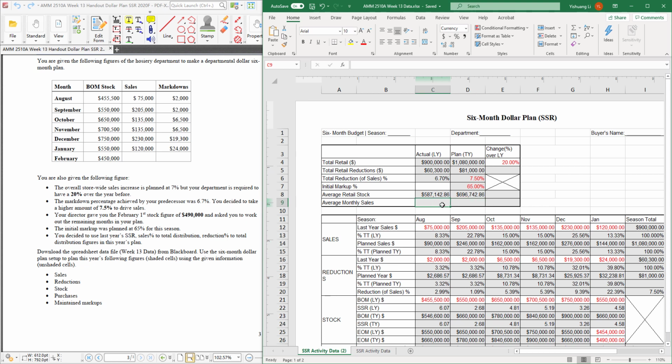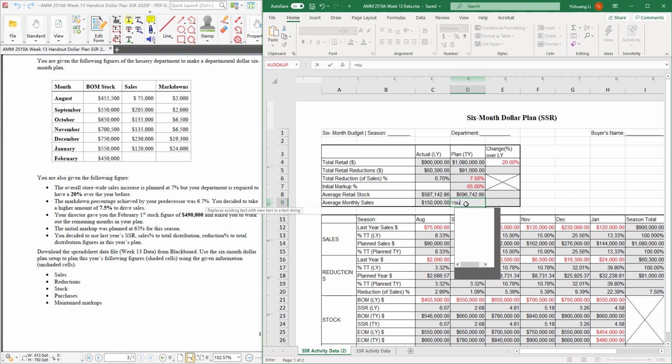The average monthly sales, what we can do is to apply average again, but this average will be between 6 sales. This year's we do the average of this year's planned monthly sales.